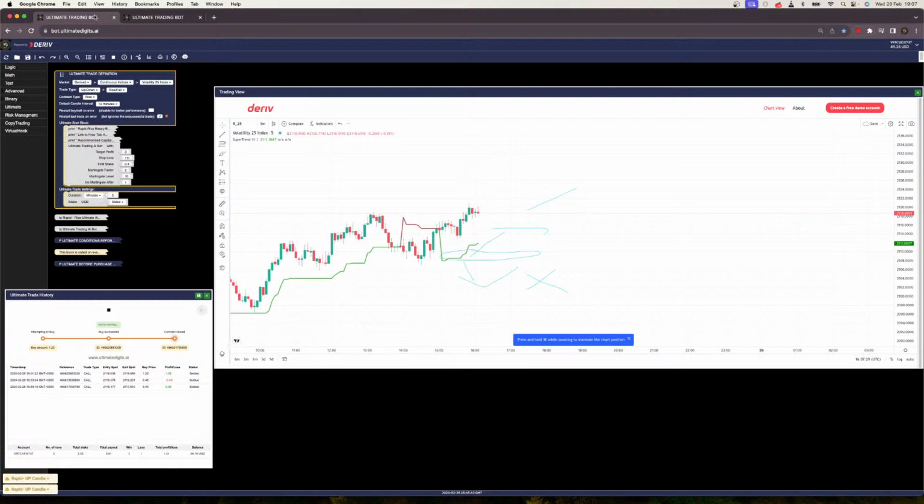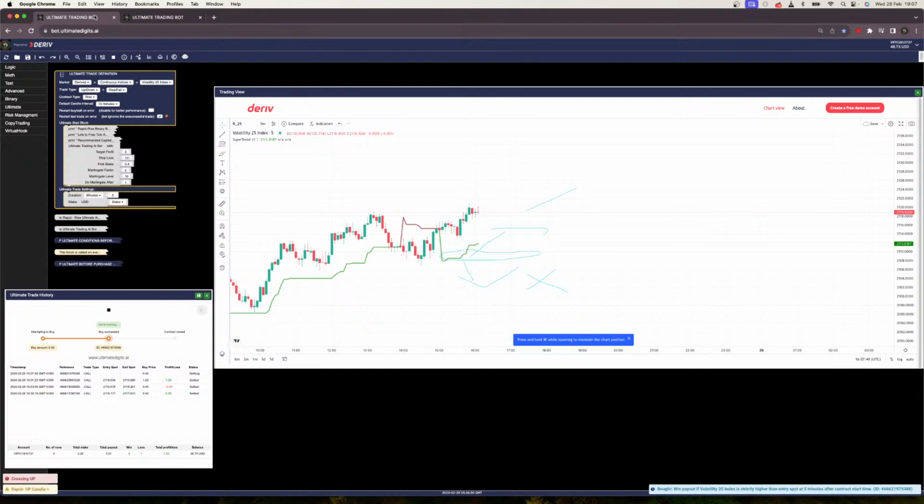I would call it triple time frames. On 1 hour, price is above the super trend moving average, and also on 15 minutes and also on 5 minutes.